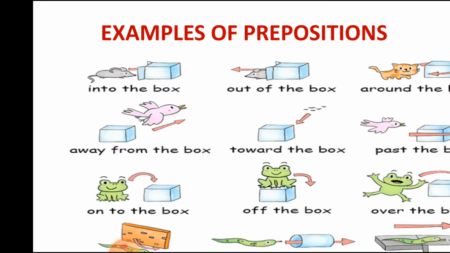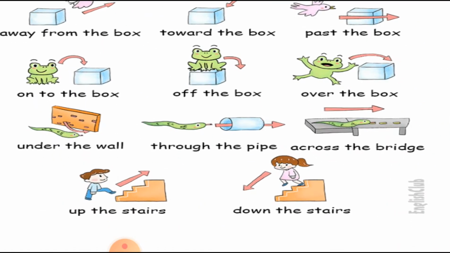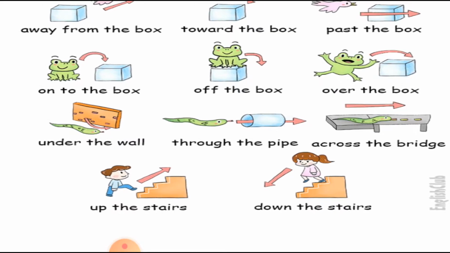Now, I'll read out all the examples. Out of the box, around the box, away from the box, towards the box or toward the box, past the box, onto the box, off the box, over the box, under the wall, through the pipe, across the bridge, up the stairs, down the stairs.